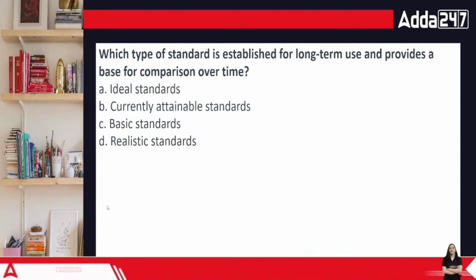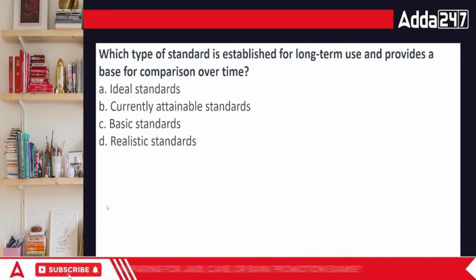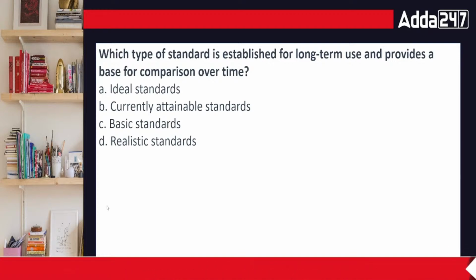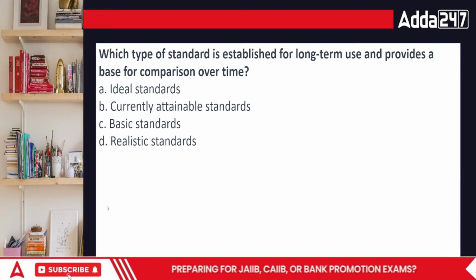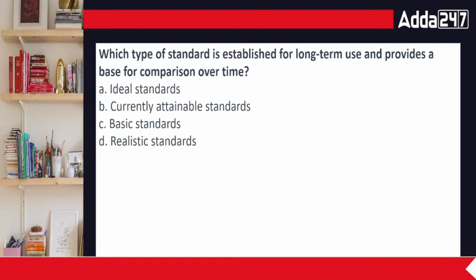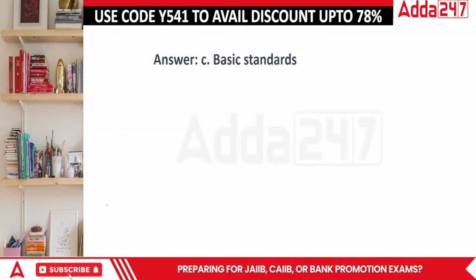Then what's left? Elimination method. The last is the basics. The basics don't change. For example, you should be honest. That is a basic. Where the organization has to be honest, where they have to play diplomatic, that's the point, right? The answer is basic standards.